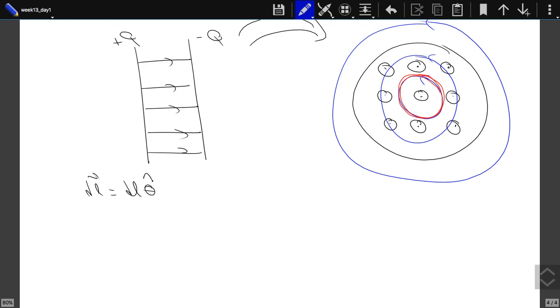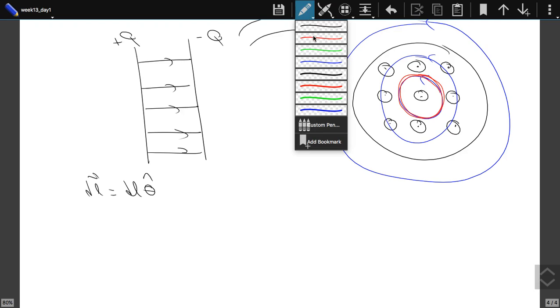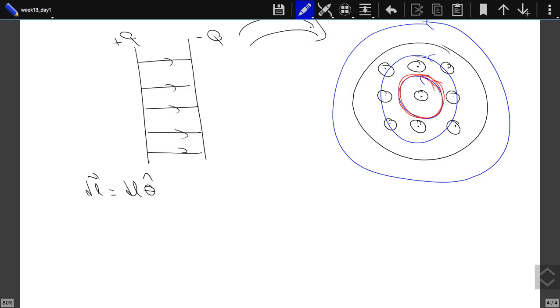At this point, it will be pointing in this direction. At this point, it will be pointing in that direction. We said that the magnetic field is circular, so B will also be pointing in that direction or in the opposite direction, depending on the value of B. Furthermore, I also know that B can only depend on the distance from the center.